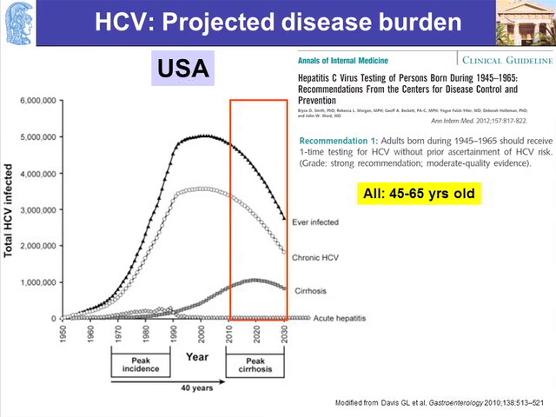So this is an ongoing problem, and that's why the CDC in late 2012 recommended that all people who are born between 1945 and 65 should be screened for hepatitis C infection. And that means, it's easy to remember, people who are between 45 and 65 years old. And as you know, this is the group of patients that we usually deal with, especially in rheumatoid arthritis. So everybody should be screened regardless of their risk for infection.